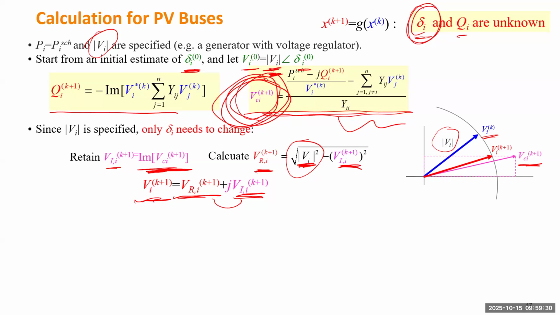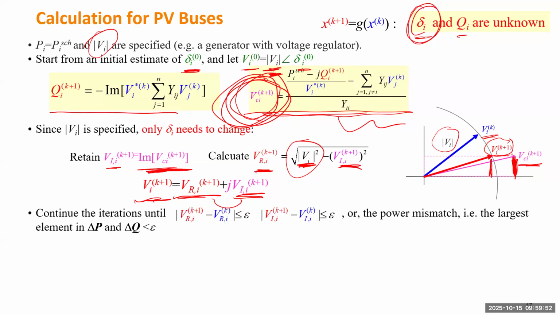So we only get the imaginary part. And using this imaginary part, it's like we move the head of the arrow along this horizontal line, keeping the same imaginary part, until we have the right phasor, which stays on the circle. That will be the new value, so we keep this value.